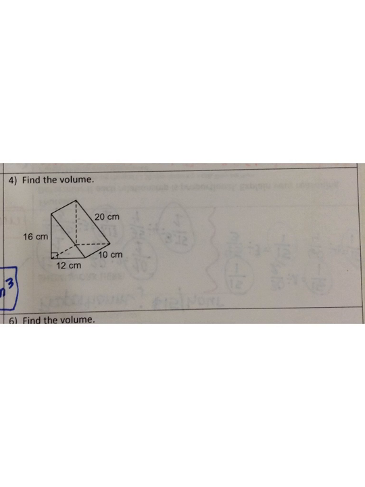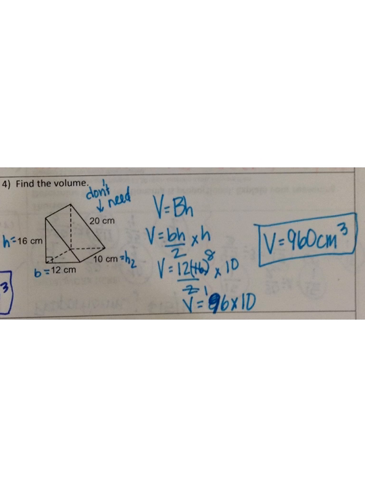Number 4, find the volume of the triangular prism. Again, the volume is area of the base times the height. That's what that capitalized B stands for. So what we're really doing is we're looking at the base of the triangular prism, which would be that right there. And we want 12 times 16.